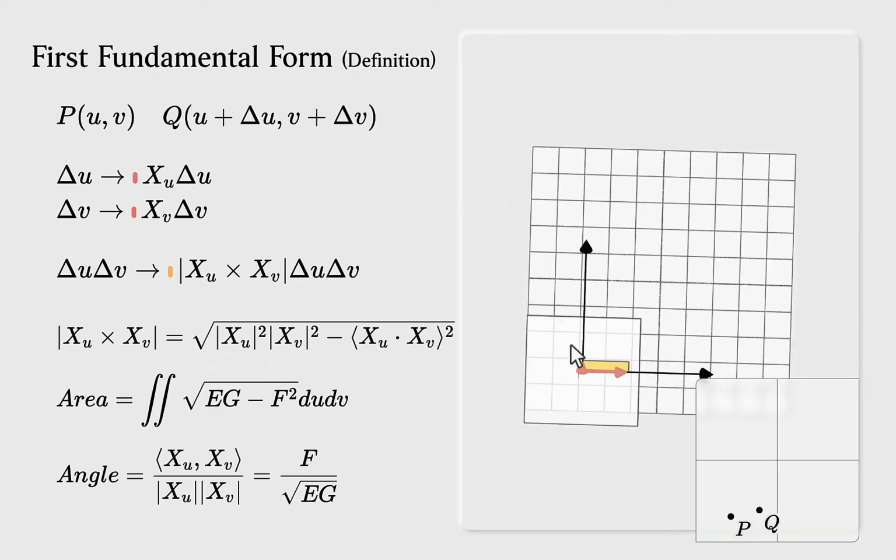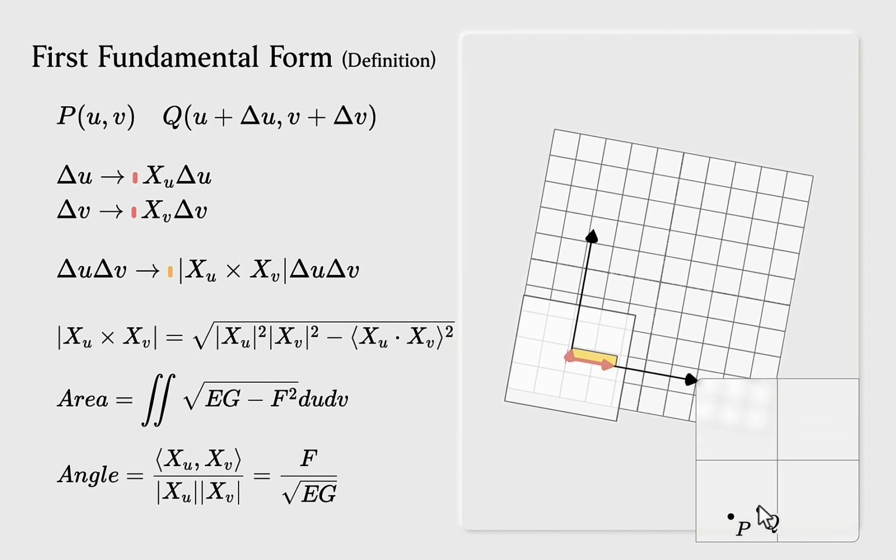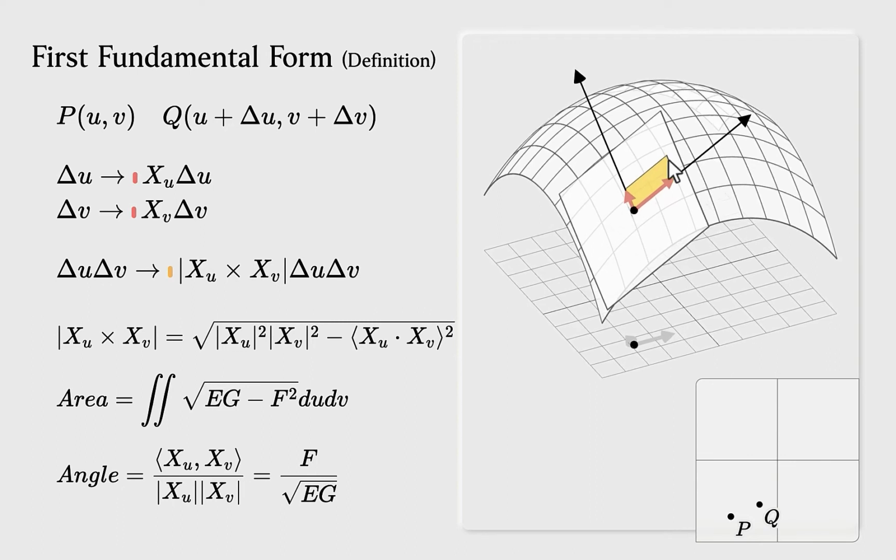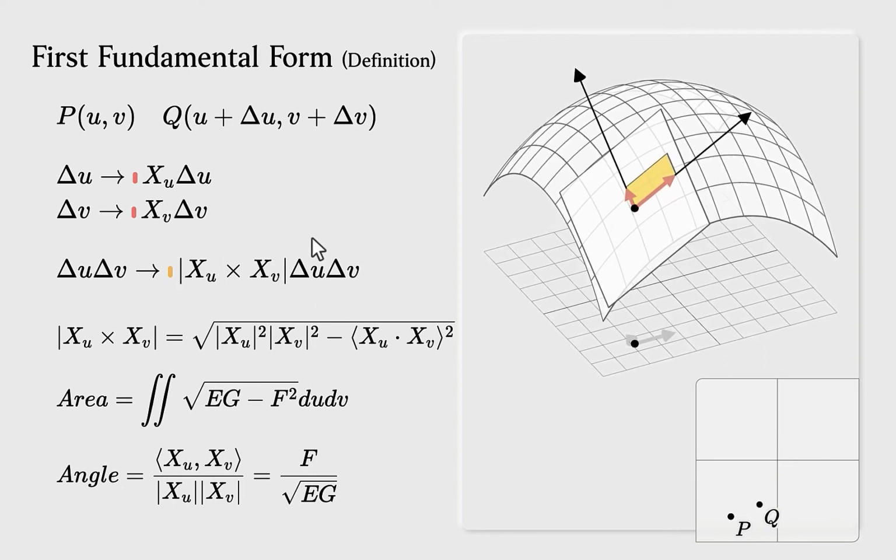When we look from above, this is delta U and delta V, and it becomes this area on the right hand side here. If we use the equation here, then the area is equal to this integral. And for the angle, we can calculate the inner product, and it is equal to this one.